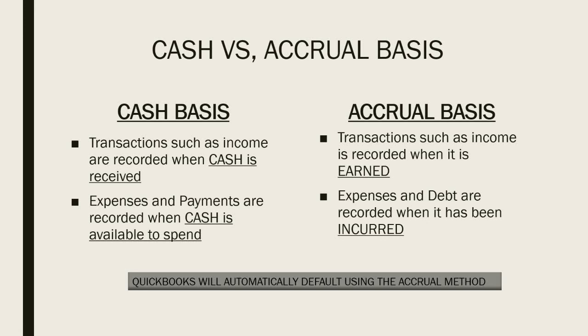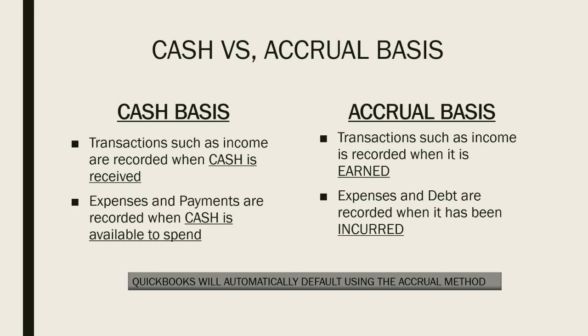All right? And for most businesses and most corporations, your automatic assumption is that you will always be on an accrual basis, just because we have the vast majority of credit cards, right? We have credit cards. We allow our customers to owe us money. So that's all going to be considered an accrual type of business, right?